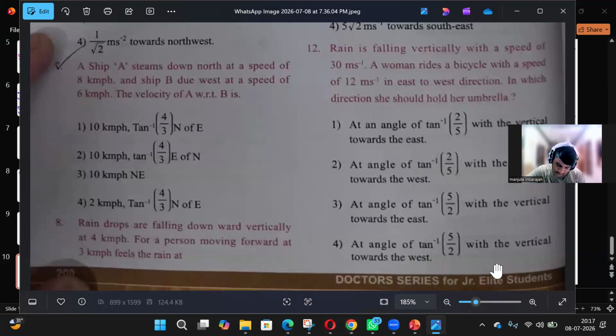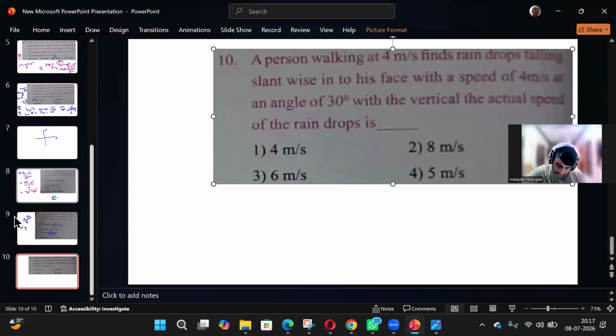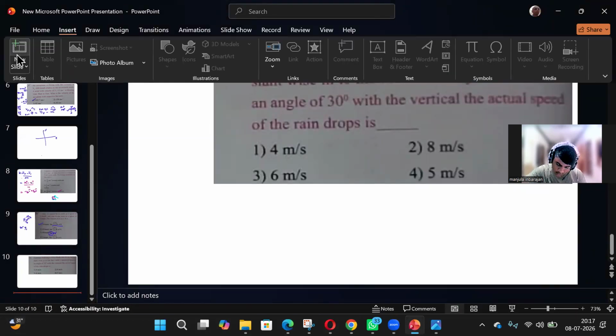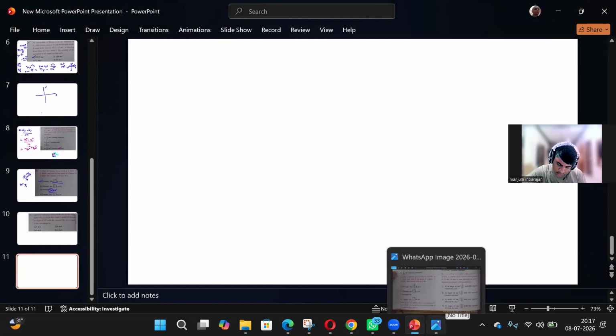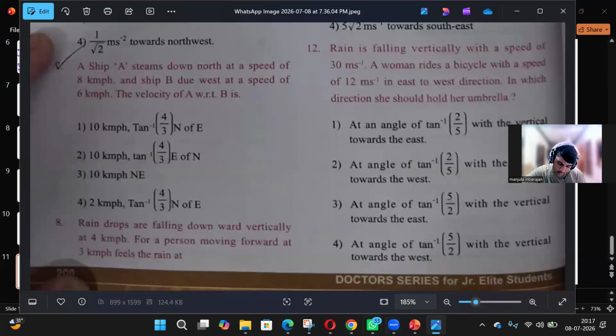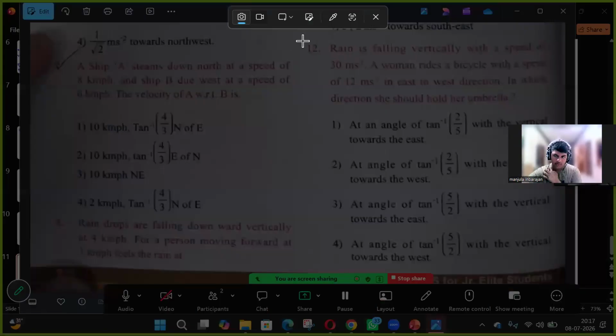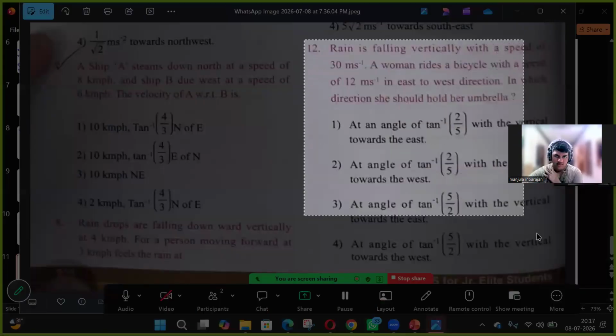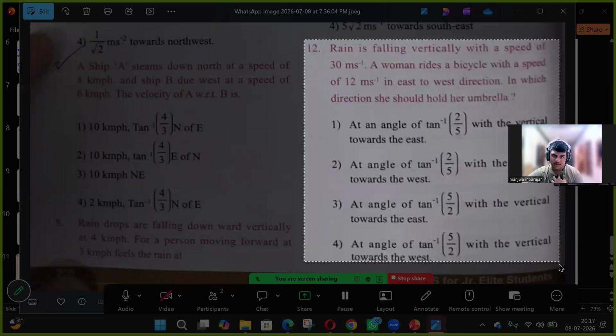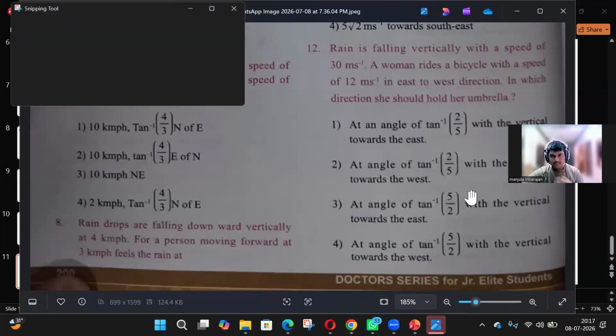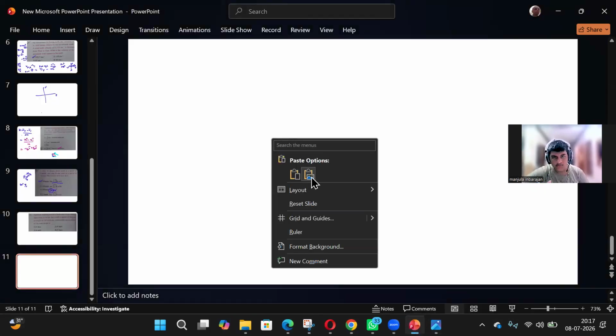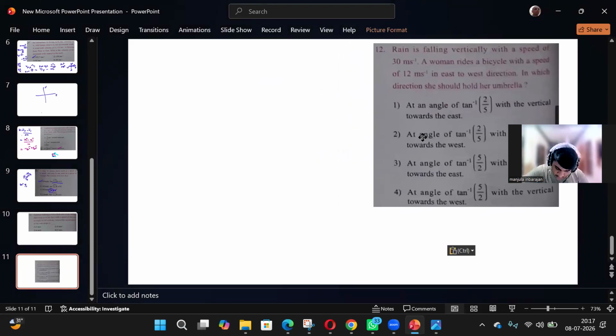Velocity of rain. It's moving from east to west. 30 meters per second is given.